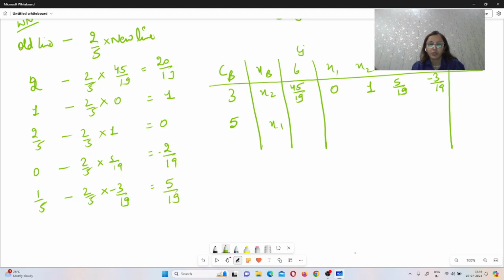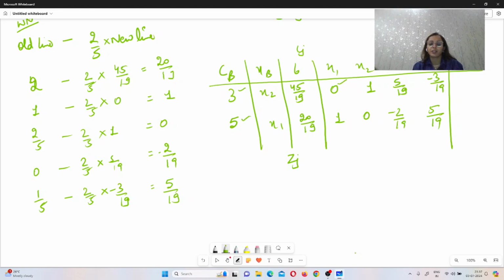So putting all these values over here: 20 upon 19, 1, 0, which we want as 0, 1, then minus 2 upon 19, and the last one is 5 upon 19.